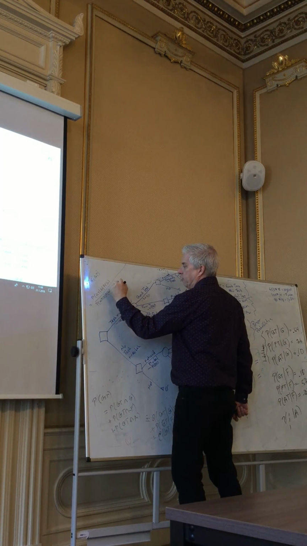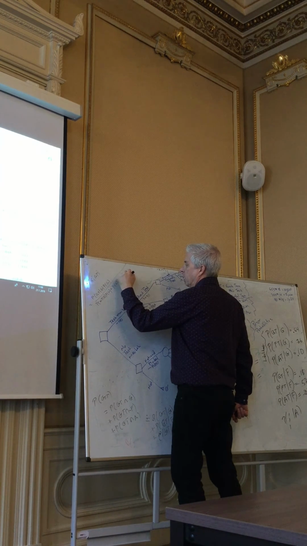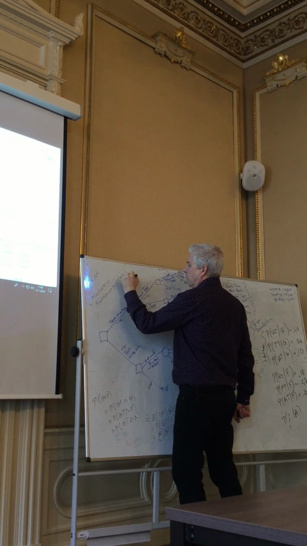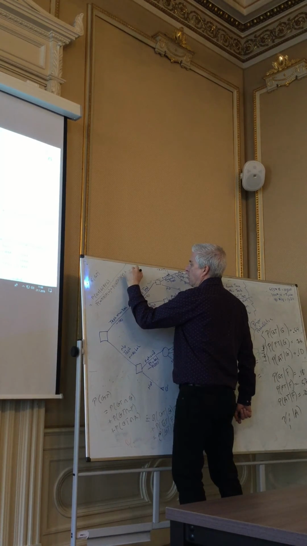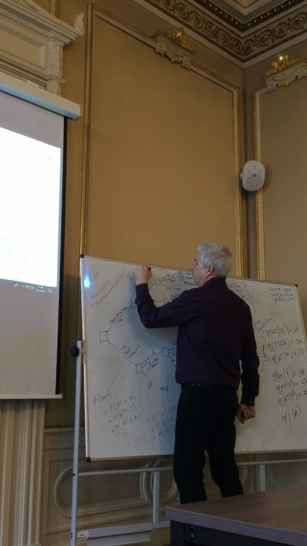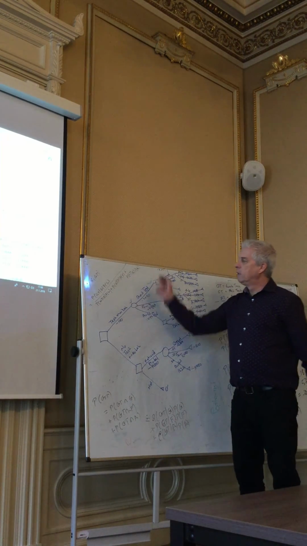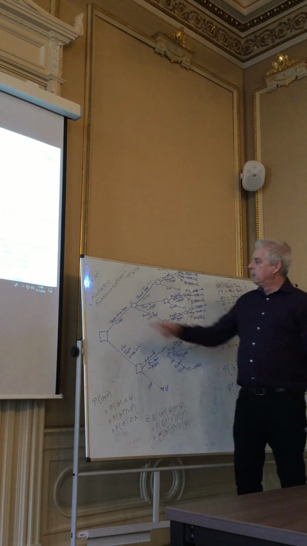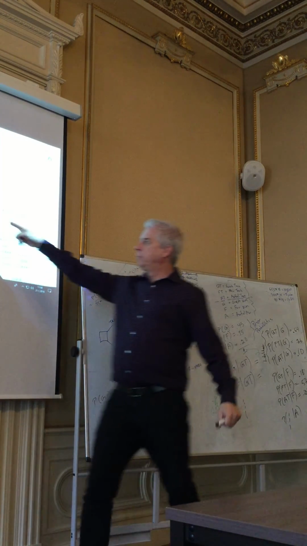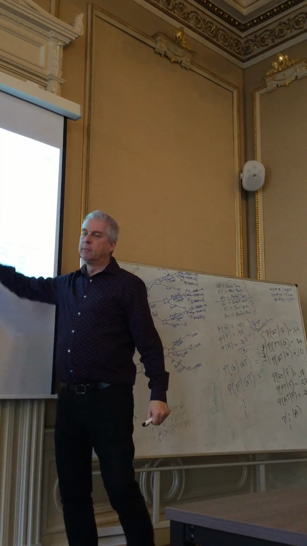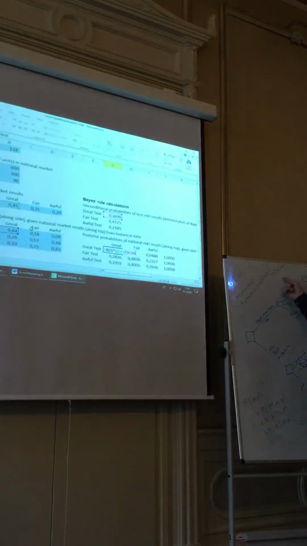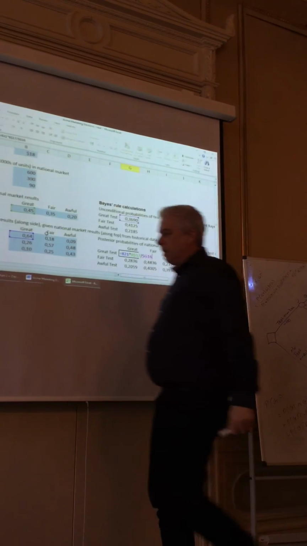But then you also have the probability of great test given fair market times the probability of a fair market, plus the probability of great test given awful market times the probability of an awful market. So that's what I meant about having three terms in the denominator. Now the denominator we already computed with this sum product. Okay, so we already did the denominator.